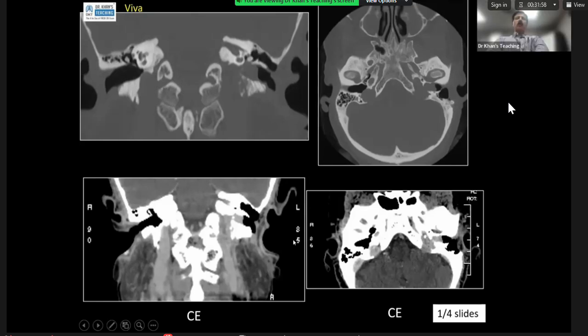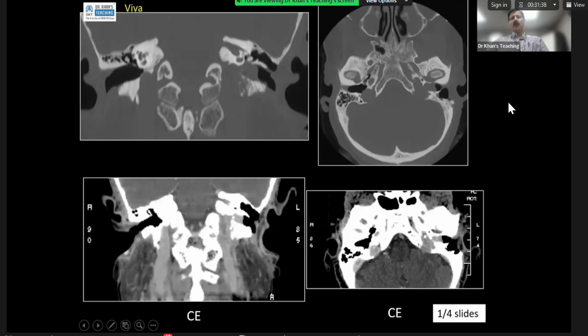Yeah, but I am not satisfied with the location. Everything you told me is absolutely correct. But you use the word glomus jugulare. What part of anatomy is this? Oh, sorry, tympanicum. Okay, tympanicum.